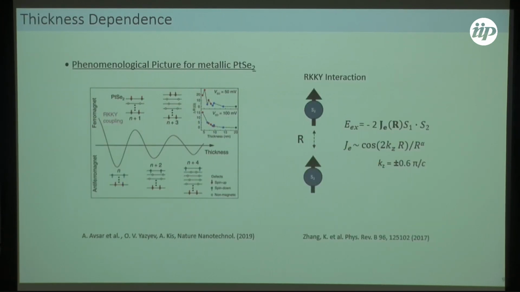And just a very simple picture: if you have a conducting material and just the vacancies on the surface induce the magnetism, then you can consider these magnetic impurities mediated by the conduction electrons through the RKKY interaction. Here is how the coupling changes with distance, and we got the Fermi wave vector from ARPES measurements from another group.